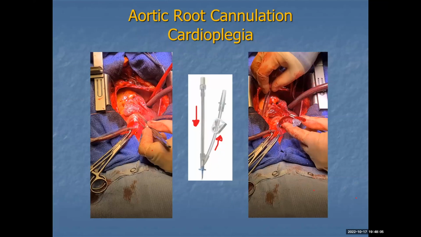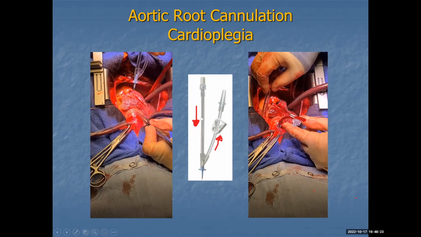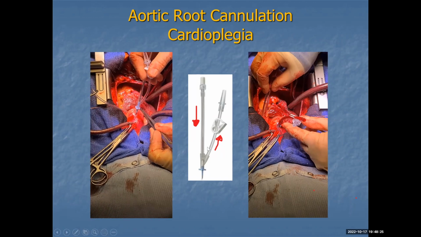So then I mentioned the aortic root cannulation. This is where we would give cardioplegia. So here's our aorta. The aortic valve is sat around here. And what we do is we attach a needle into the aorta here. It gives us the opportunity to both suck and blow, if you like.